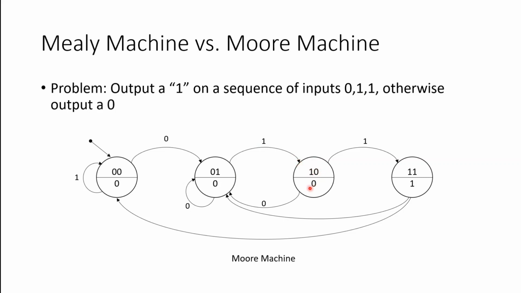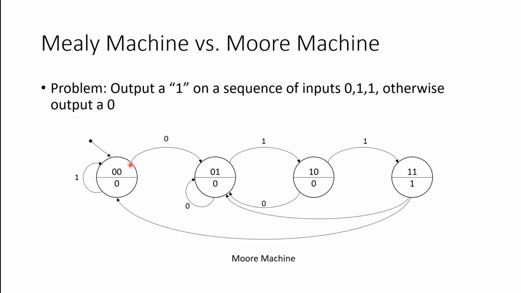Again, in this state, I'm going to output 0. In this third state, when I receive this input 1, I'm going to transition to my last state here. To get to this final state here, I would have had to receive inputs 0, 1, 1 in that order.